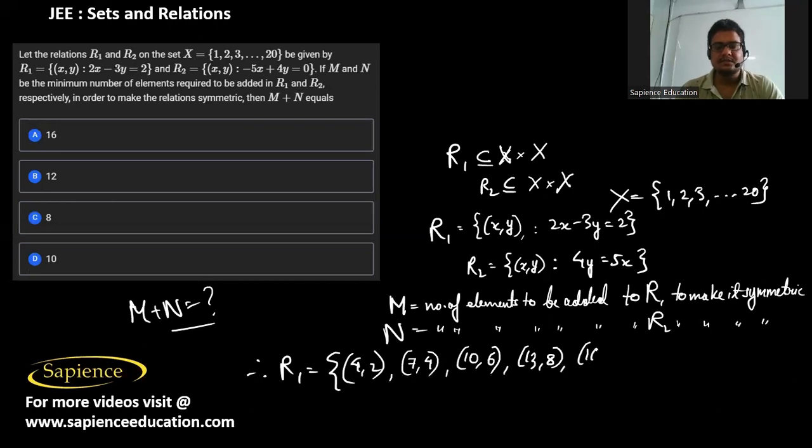And then we can take (16, 10), since 2 sixteens are 32 and 3 tens are 30. And we can take (19, 12), since 2 into 19 is 38 and 12 threes are 36. So these are the elements in the set R1.